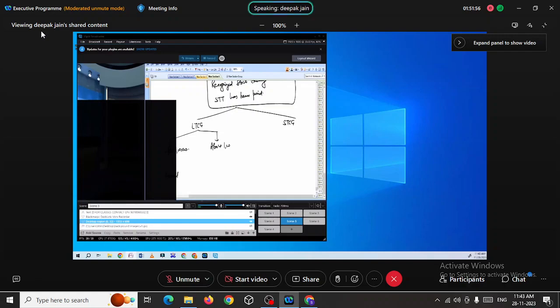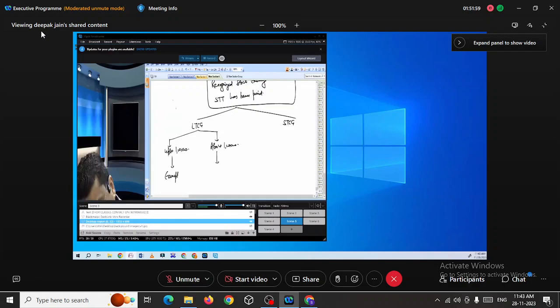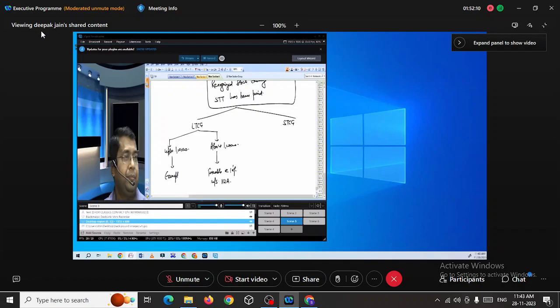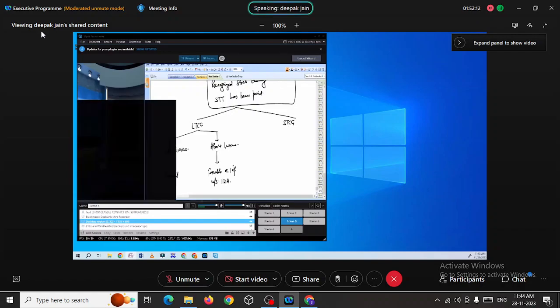Above 1 lakh, taxable at the rate of 10% under section 112A. And as far as short-term capital gain is concerned, it is fully taxable at the rate of 15% under section 111A.